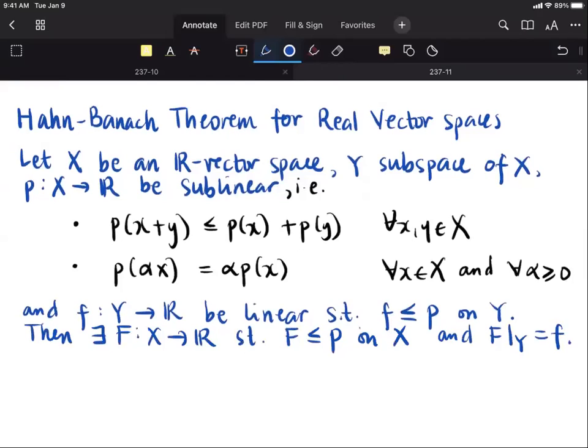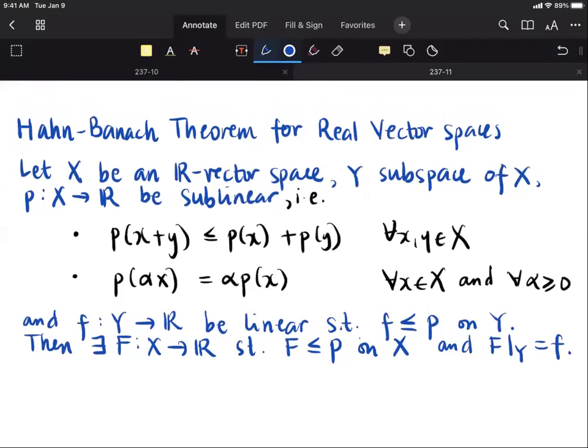In other words, the restriction of capital F on Y is f. So the Hahn-Banach theorem for real vector spaces states that if you have a linear form that is bounded from above by a sublinear form, you can extend the linear form on the subspace into the whole space, and still you retain the inequality.